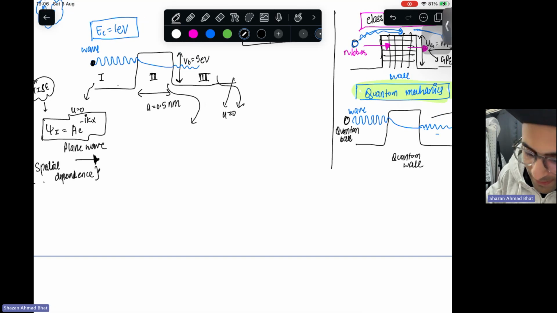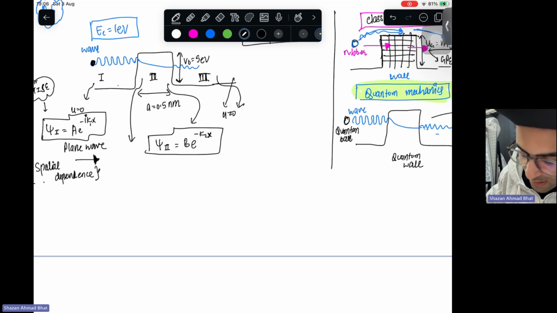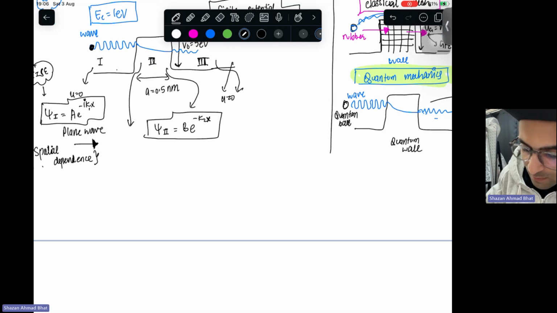Now inside the barrier, you get a solution psi 2, which is a little bit weird. You get some coefficient b e to the power minus kappa 2 x. This is the decaying part. This is not e to the power i, this is e to the power kappa only. This is a decaying wave.